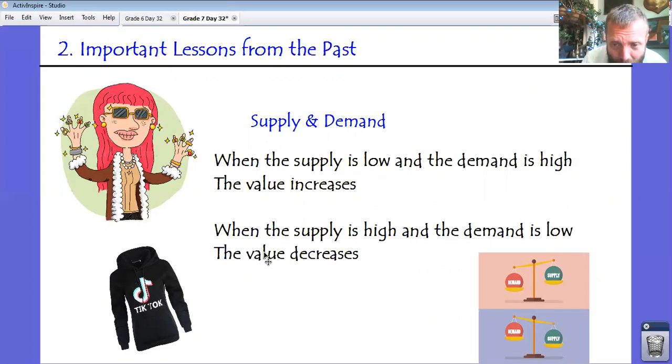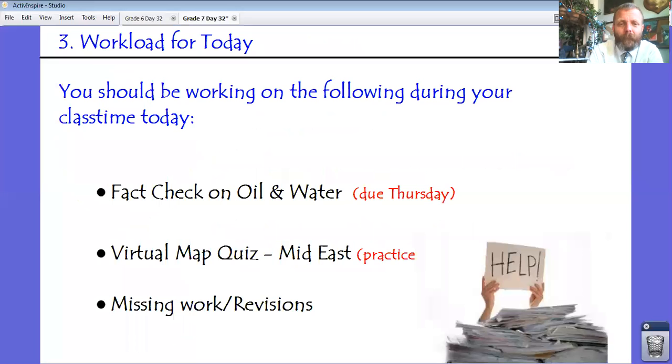So when the supply is high and the demand is low, the value decreases. You're going to be applying these laws of supply and demand to the reading today when it comes to oil and water. So make sure you understand the relationship between supply and demand and how it affects the value of a product. See you, Charlotte. Miss you.